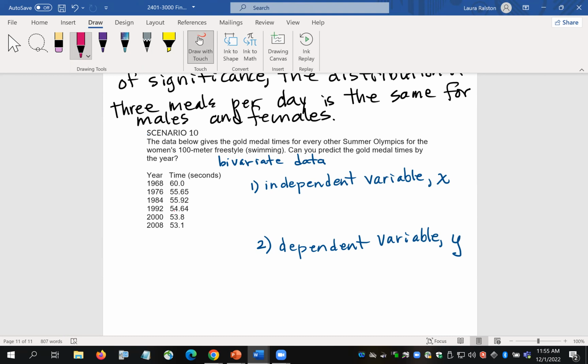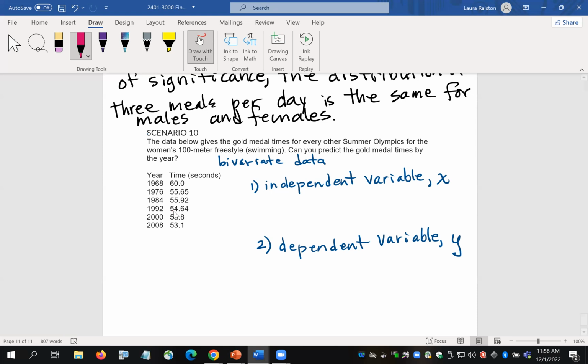The standard rule of thumb is that the independent is in the left-hand column or the top row. And the time in this case would be your dependent because it is on the right or the bottom row.